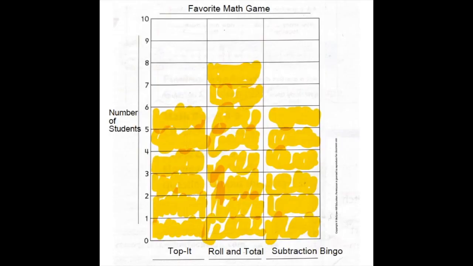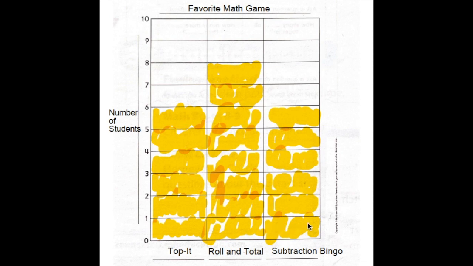Now that our bar graph is complete, we can start asking questions about the data. For example, we could ask, how many students voted in all? We already answered that question, but let's look at the bar graph to find the answer. Remember, when we say in all, that means everyone all together. So we need to count how many boxes all together are filled in.